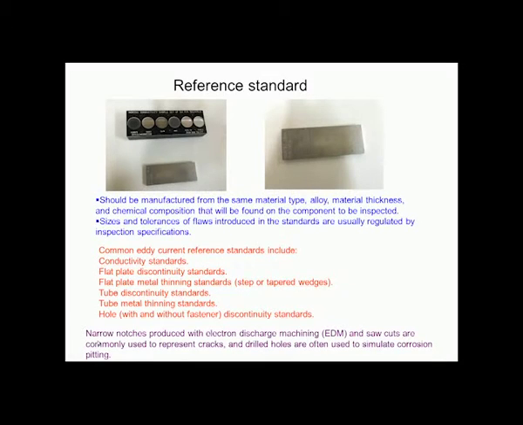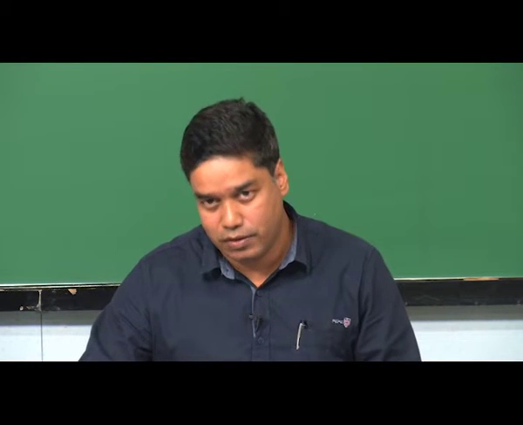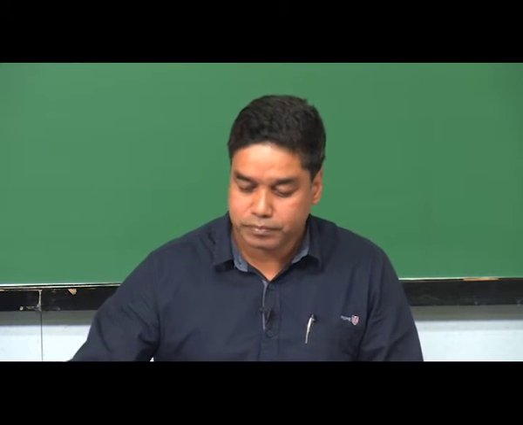So, in order to introduce any of these flaws, you need to cut them, or make them on the surface very precisely. For example, if you want to replicate cracks or very fine cracks, then you should take the help of electrical discharge machining or EDM to cut these lines precisely, like what you have seen in this case.